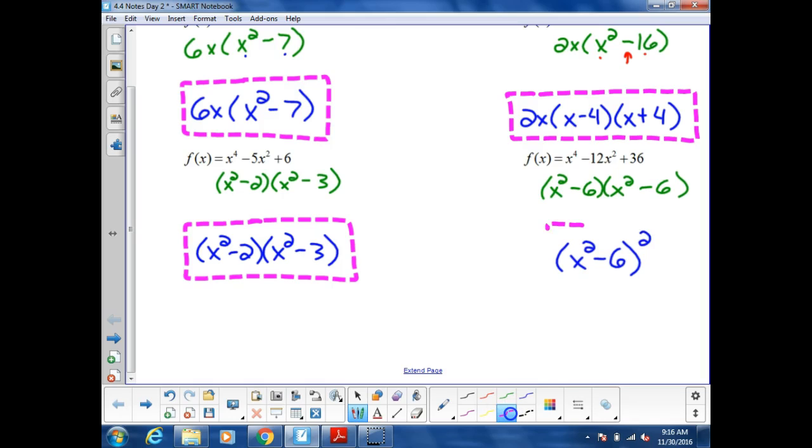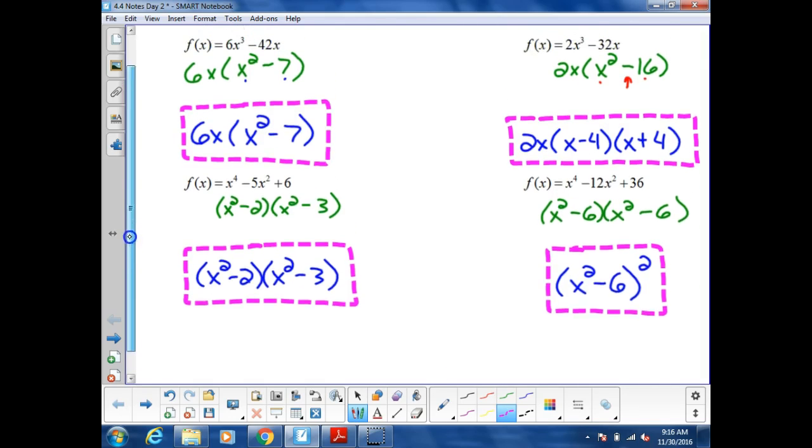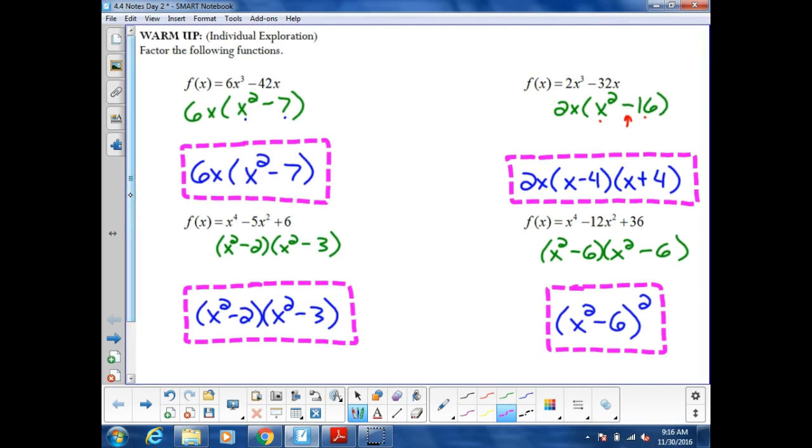If I left it as the green form, I'd be okay with that too in this case. In the one right above it, the second one, I'm not okay with leaving it in the green form. All the rest of them are okay with the green forms. Any questions on that stuff?